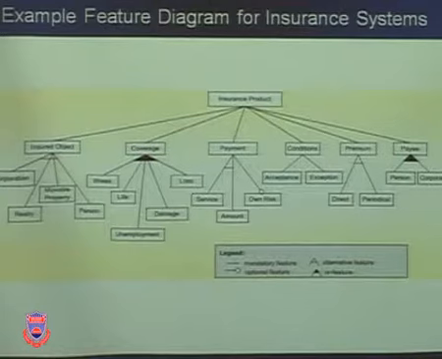An insured object has 4 alternative features. That is, you can insure either a corporation, a realty, movable property, or person. You select one of these. Okay, not 2 or 3, just one.